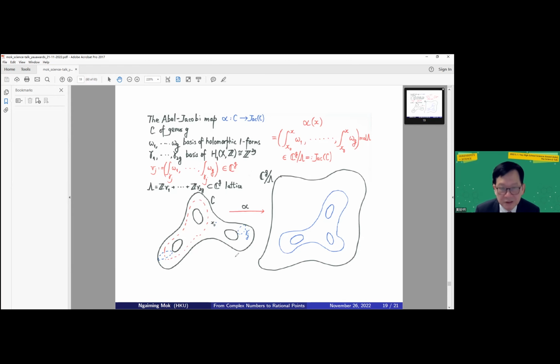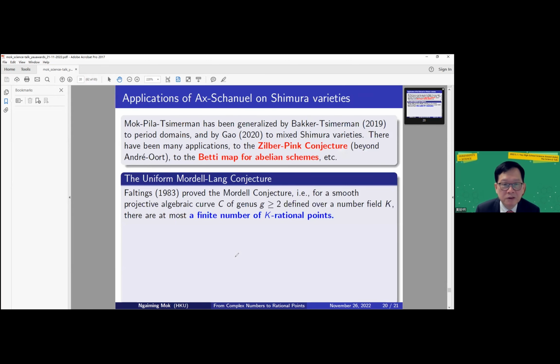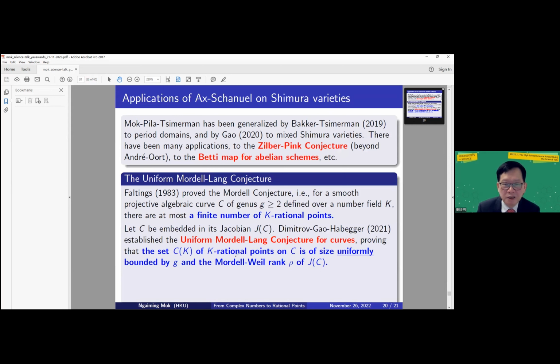And here is the result that was obtained by other people. This is the uniform Mordell-Lang conjecture, by work of Dimitrov, Gao, and Habegger. They were able to prove not only finiteness of the number of solutions of these Diophantine equations.